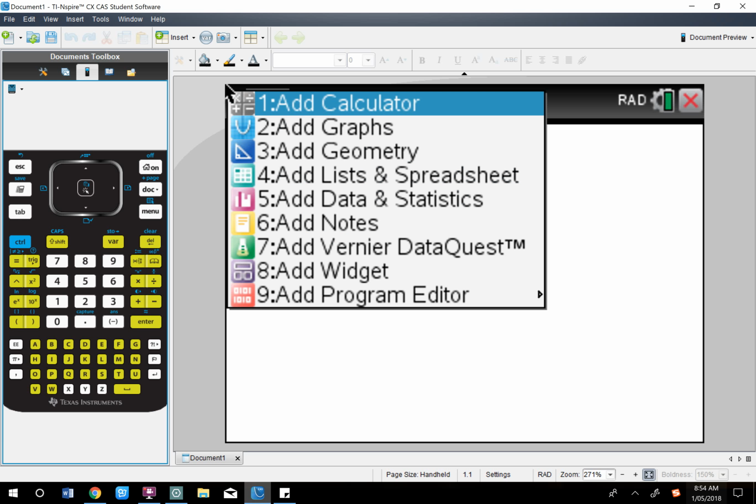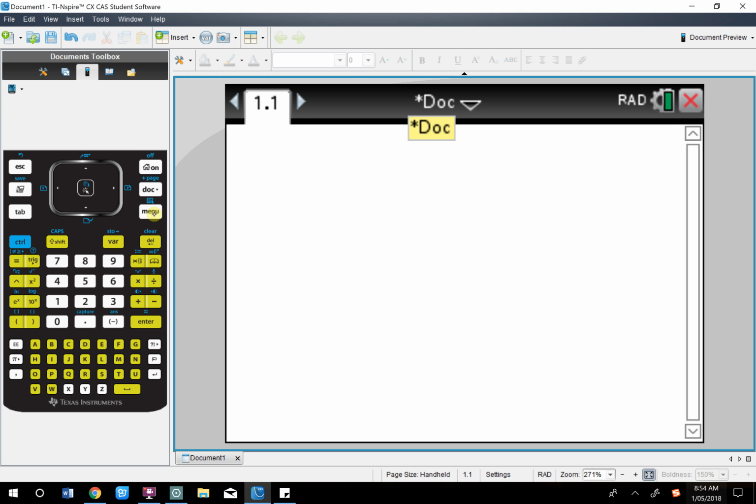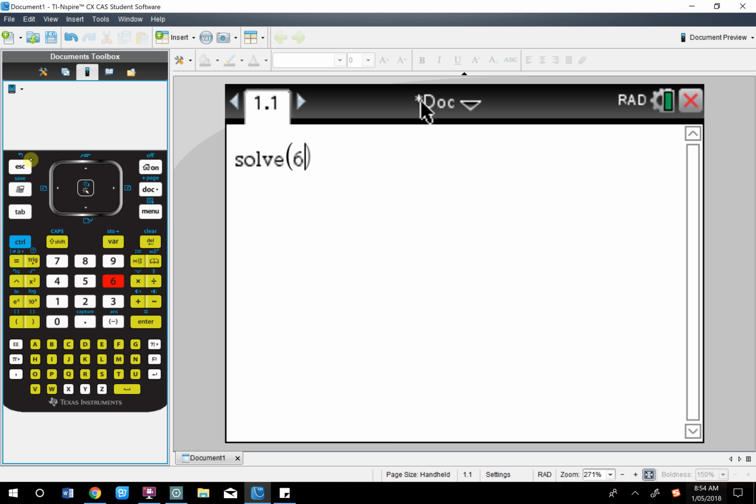I can use a calculator to do that. Menu, solve 600 minus 10x minus 1 over 100 times x squared equals to 0, comma x.